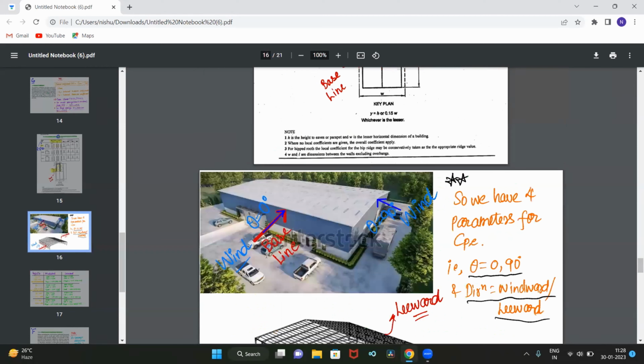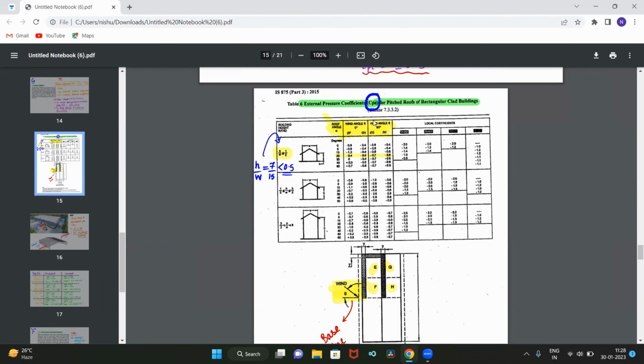But for theta 90 degree, again moving to the table, this is given here, wind angle 90 degree. If wind angle is 90 degree, then wind is approaching either from this side or this side. So assuming that wind is approaching from this side, the windward direction is EG and the leeward direction is FH. So for EG, the CP external value is minus 0.7.